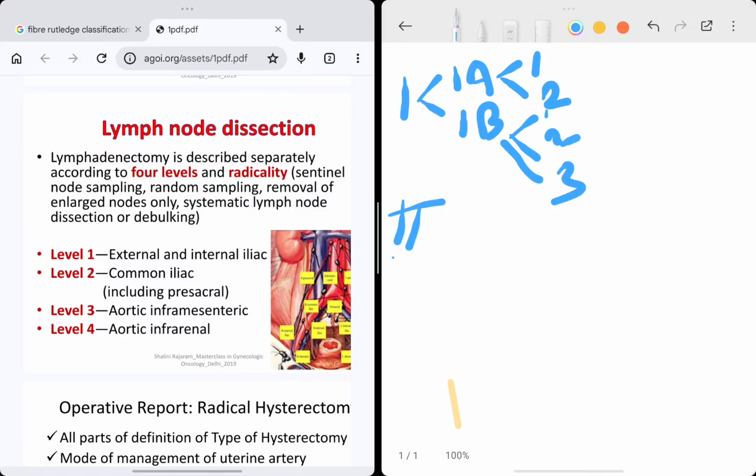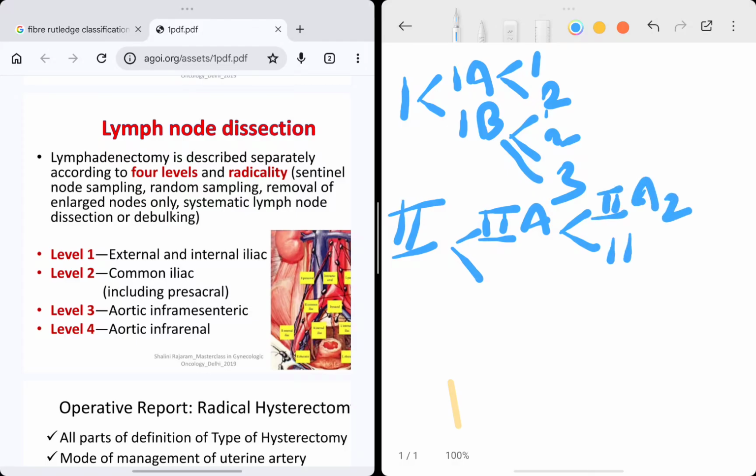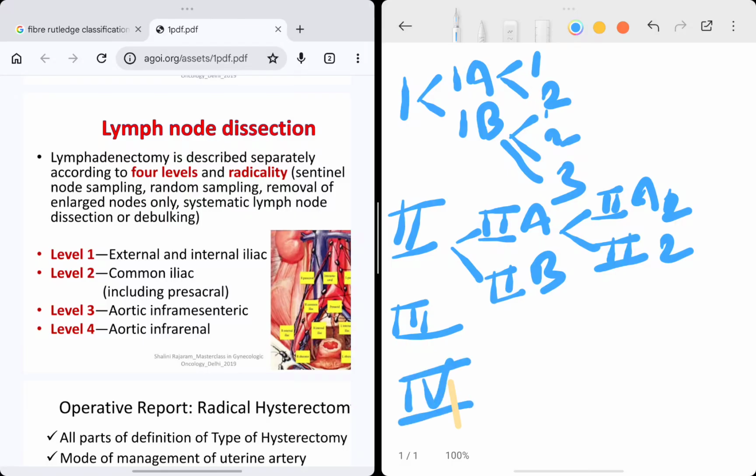Just like this, stage 2 is 2A, which is 2A1 and 2A2, and stage 2B. Stage 3 and 4 are the higher stages.